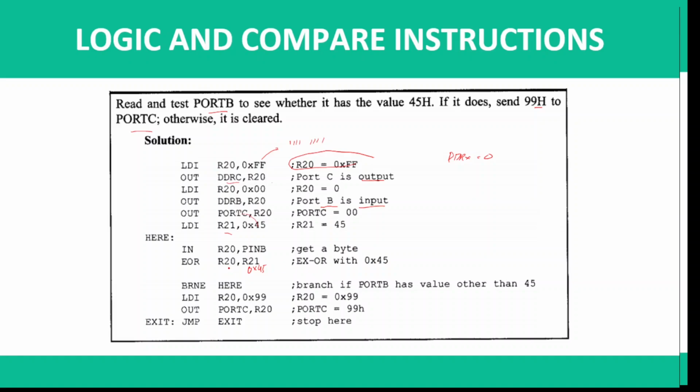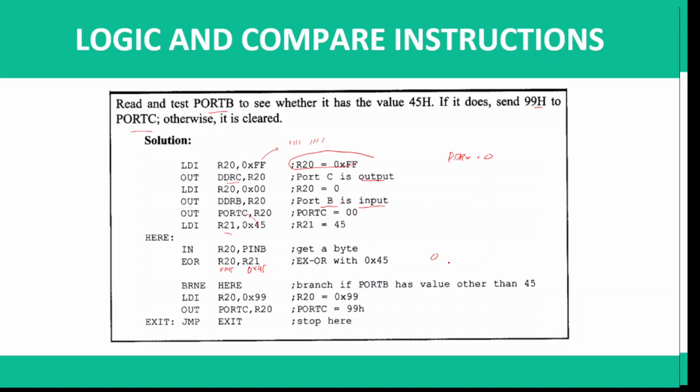If in case register 20 is equal to 0x45, our output would be 0. Since we know for a fact that with exclusive OR, two registers having the same inputs will have an output of 0. Otherwise, if their inputs are different, the output will be 1. So let's assume R20 is 0x45 also, then we'll have an output of 0.